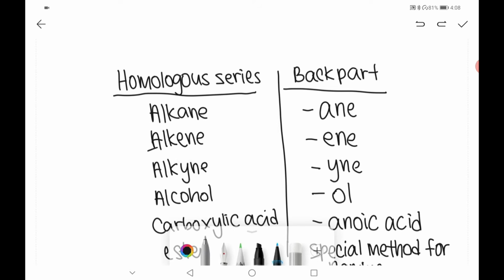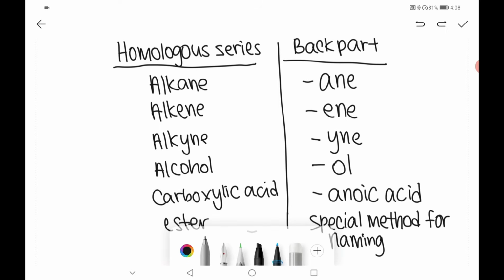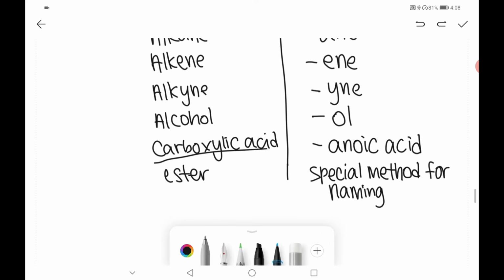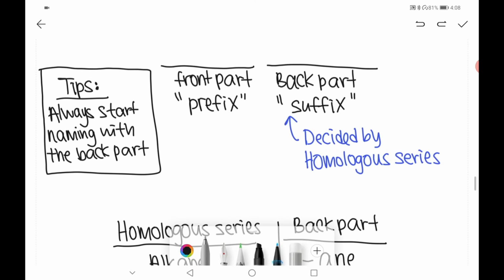If alkyne, it will finish with yne. If it is an alcohol, the name will finish with ol. If it is carboxylic acid, the name will finish with anoic acid. Ester does not follow this method; we will use another method, which we will learn afterwards.